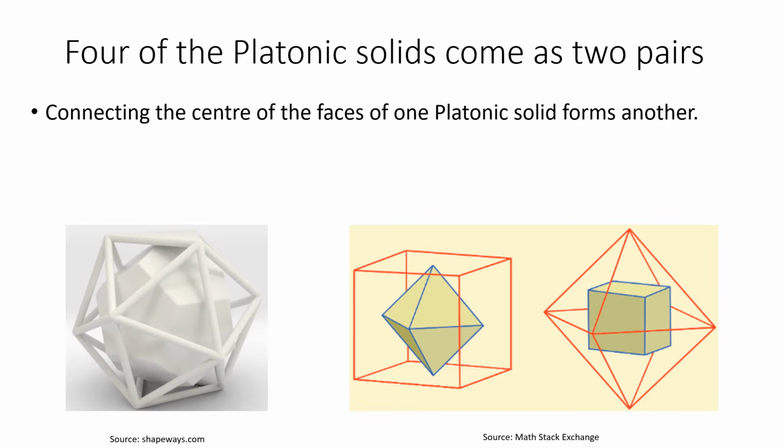And so if you multiply the 5 edges by the 12 pentagons, you get 60. You might think 60 edges. But actually we've counted every edge twice, because each edge is shared between 2 pentagons. So if you take that 60 and divide it by 2, you get the 30 edges on the dodecahedron.